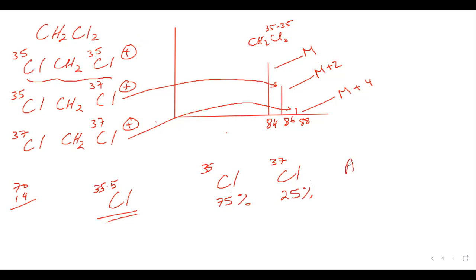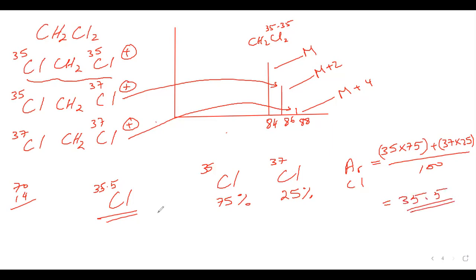So we say that the average relative atomic mass of chlorine is (35 times 75 plus 37 times 25) divided by 100, isn't it? This makes 35.5. That's why this is written in our periodic table, because they took the average of these 2 isotopes, depending on their masses and their percentage abundance.